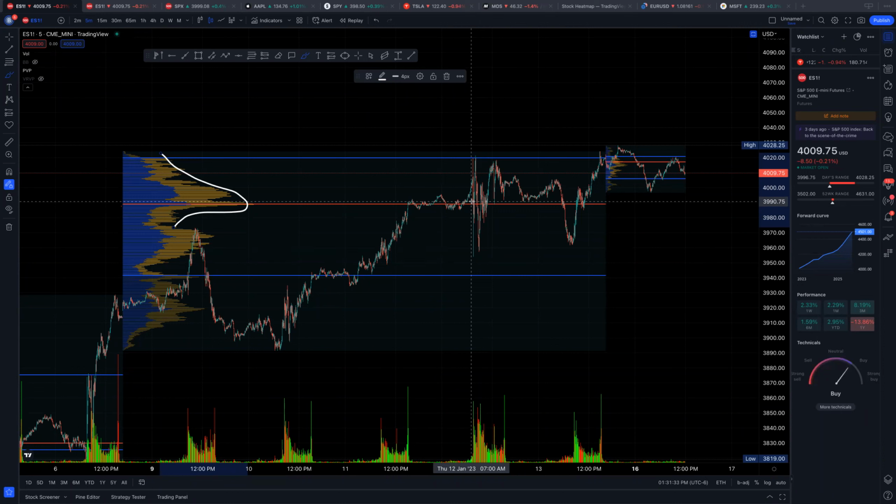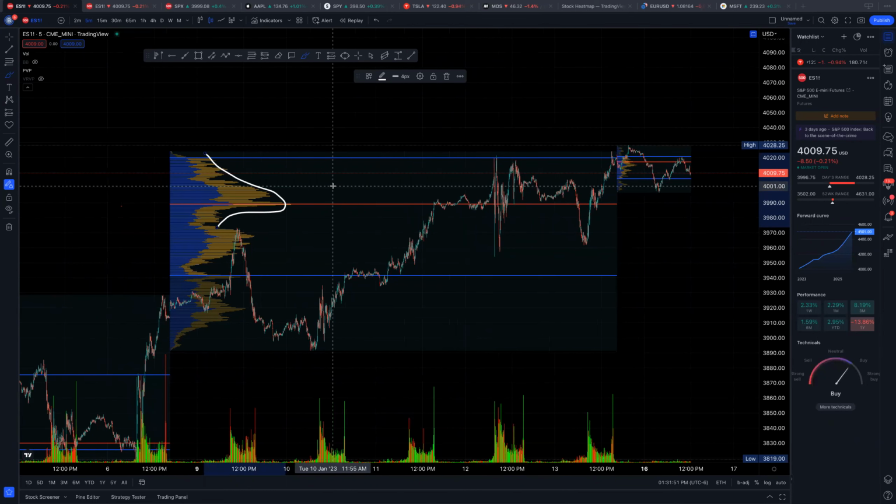So this is not a 100% win rate strategy using the volume profiles. Like, nothing else is 100%. But I think we could use this to gauge where the next move can happen.